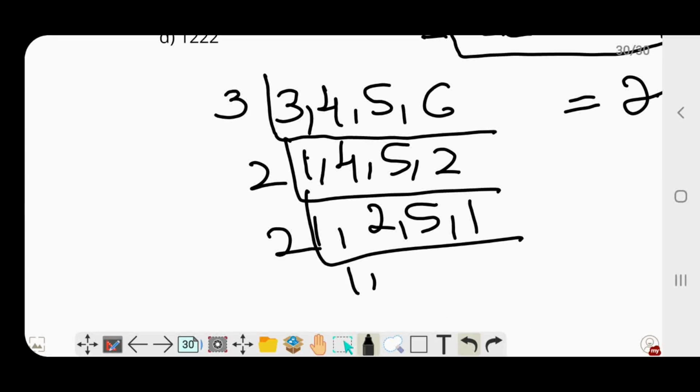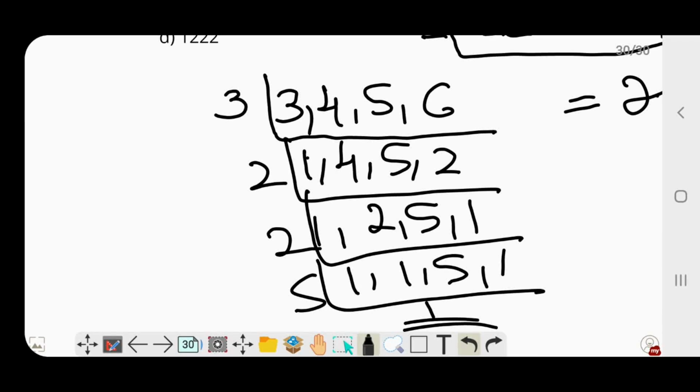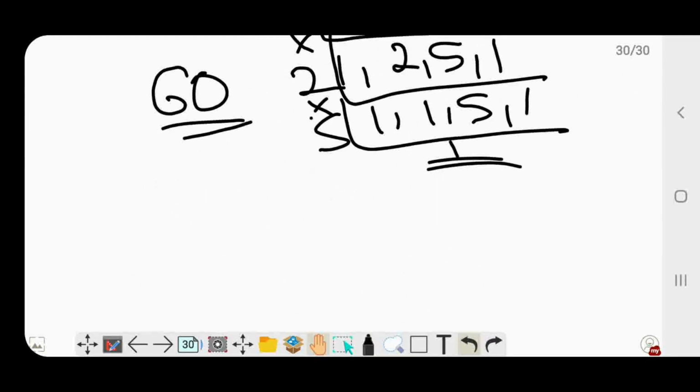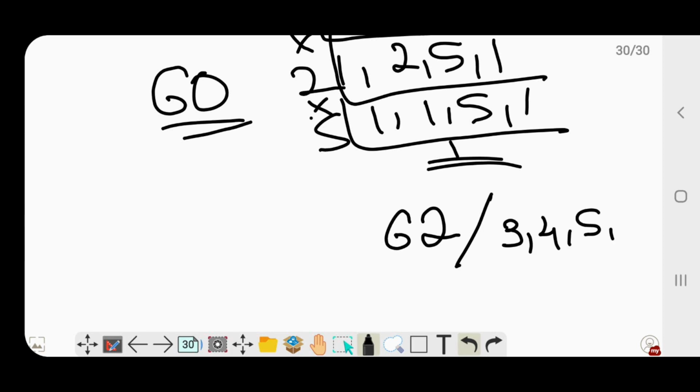So 2 again, 1, 1, 5, 1, and I just get 5 and 1 everywhere. So the LCM would be 3 into 2 into 2 into 5, that is nothing but 60. So 60 is the LCM of 3, 4, 5 and 6. Now in the ideal case we would have just said that 62 is the least number which when divided by 3, 4, 5 or 6 will give a remainder of 2.